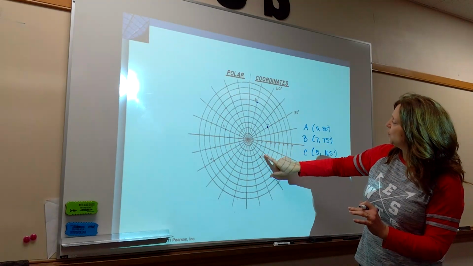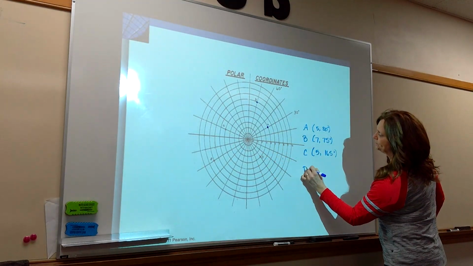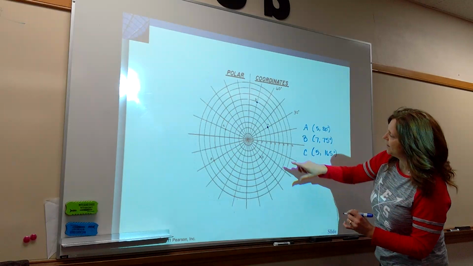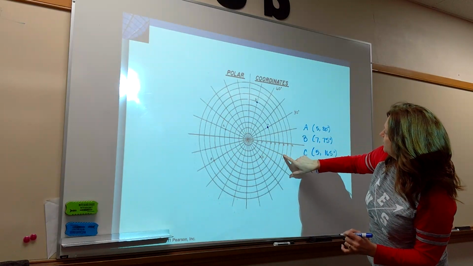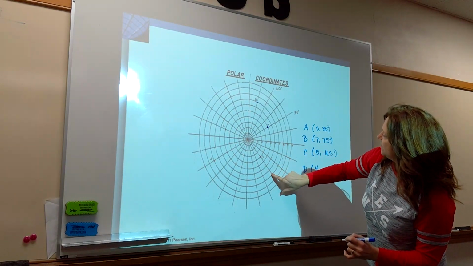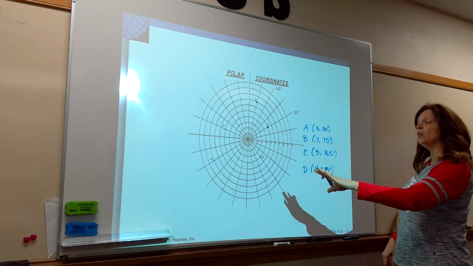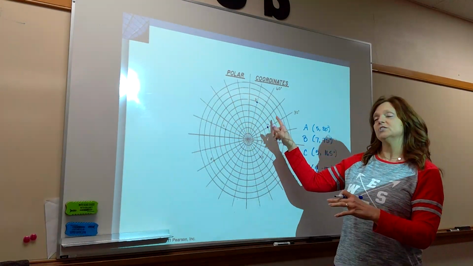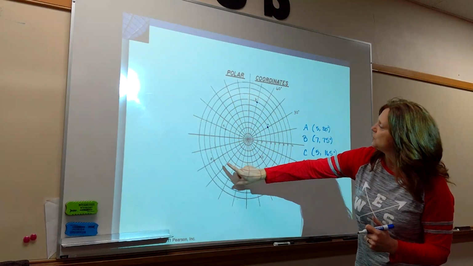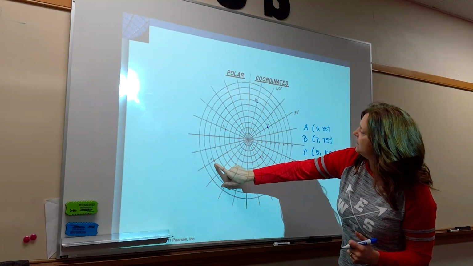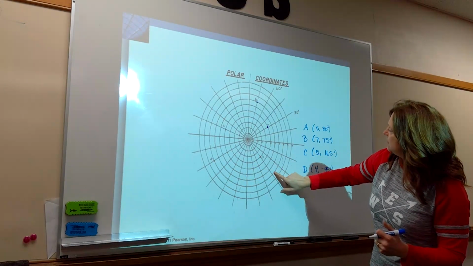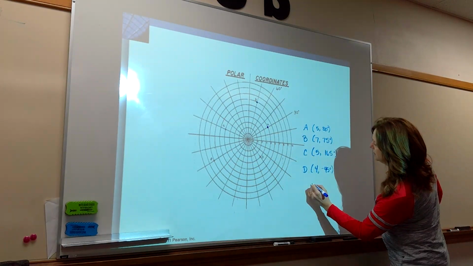So D could be 4, and then I could just rotate negatively. That's 15, 30, and then 45, so I can do negative 45 degrees. And in fact, you could do that for all of these. These all could have negative rotations if you wanted to. So this one over here, E, could be 8.